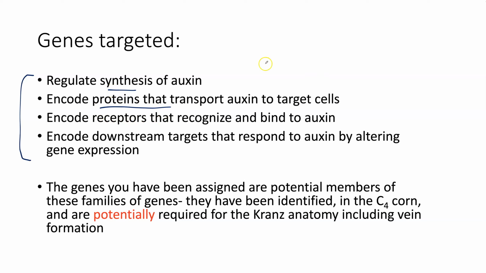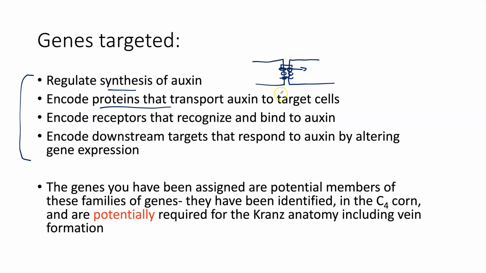Remember I said there's directional transport. So if you have two plant cells beside each other, there's a transporter that sits at one end of one cell to move the auxin out, and then there's an importer on the cell on the other side. So you have the combination of an export and import to move auxin in a particular direction.